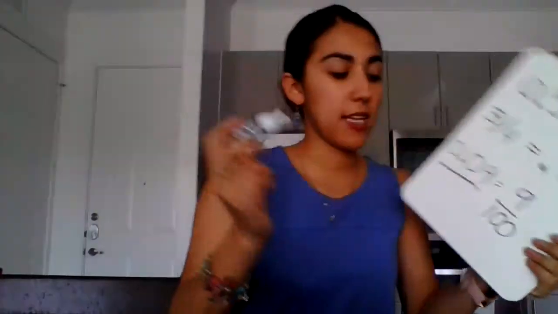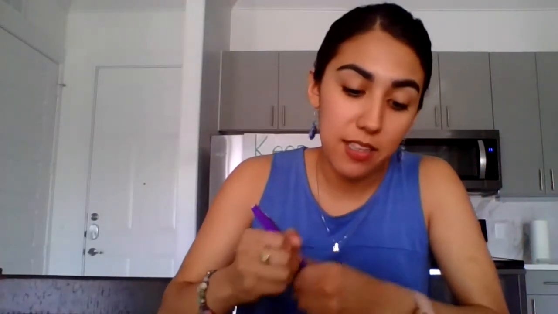Okay. And next we're going to go into the solve and label. So we are seeing a strip diagram, a strip diagram that's made out of parts and a whole. For this particular problem, you need to label your strip diagram. Label your whole, label your parts.